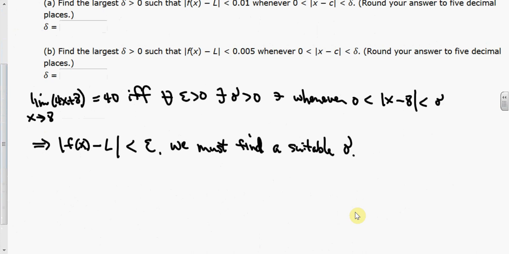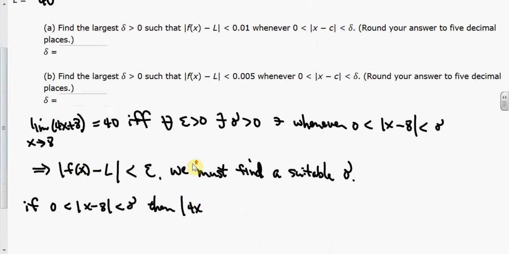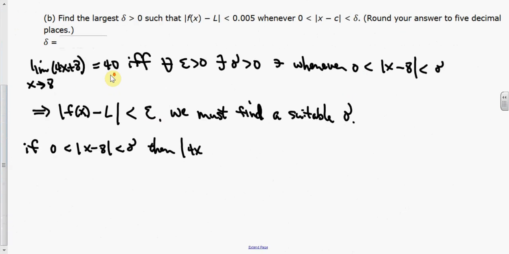So what we have here is that if 0 < |x − 8| < delta, we assume that, then we need to show that the absolute value of the function, which was 4x + 8, minus the limit, which was 40.